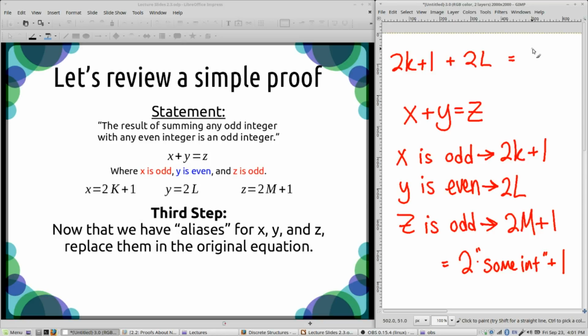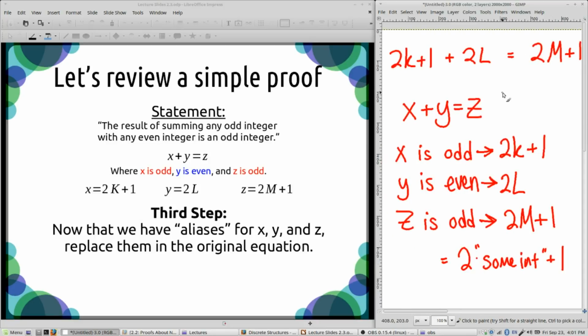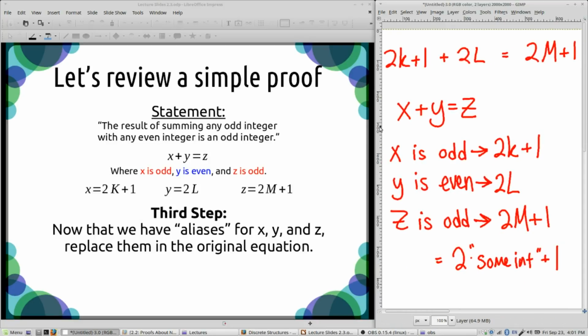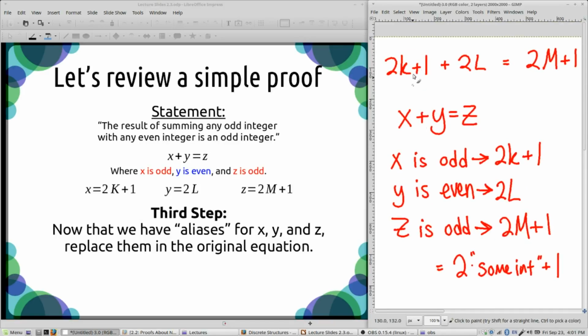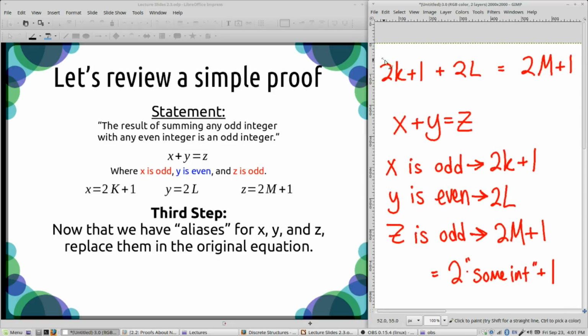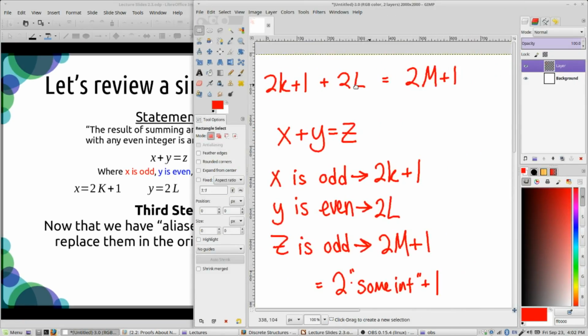We'll just leave that as 2m plus 1, and only think of m as representing the English term some integer. When you're first swapping these out, it might be nice to keep these in parentheses, just in case you have any minus signs that need to be distributed. But here we're just adding, so it's not that big of a deal. Let's copy this and move it down so we have some more space to work with.